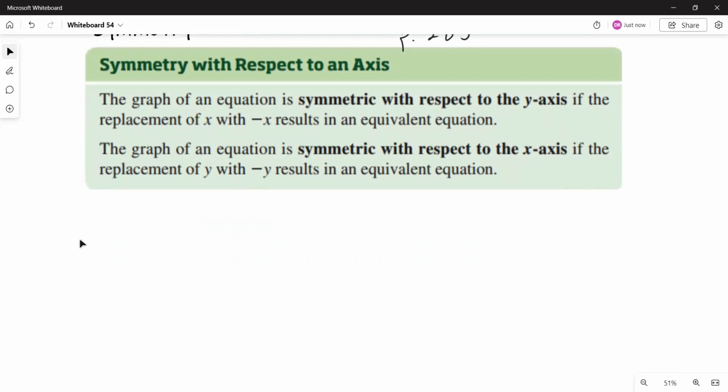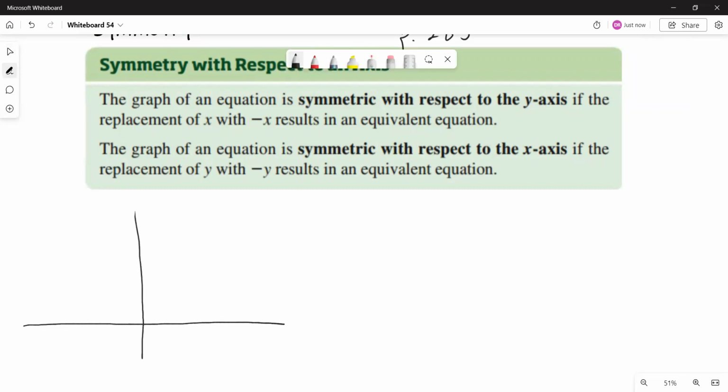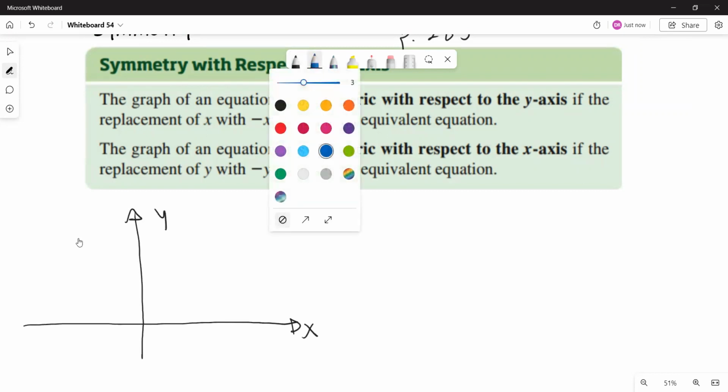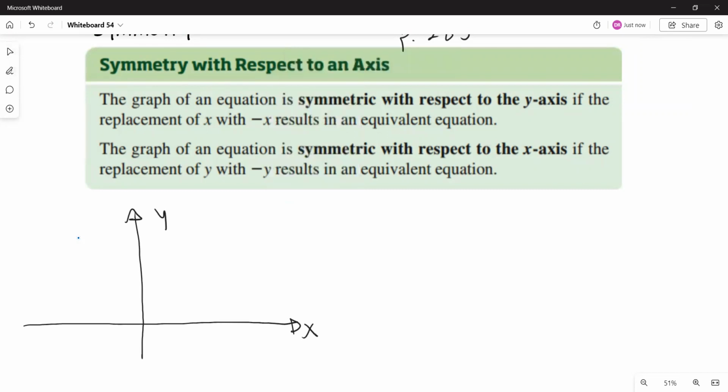Okay, so this is what a graph would look like. Let's suppose you have some type of graph. So you can only say that if the graph is reflected across the x-axis, the graph is not going to change.